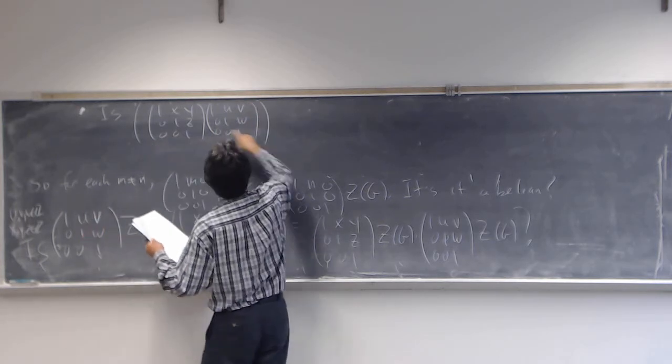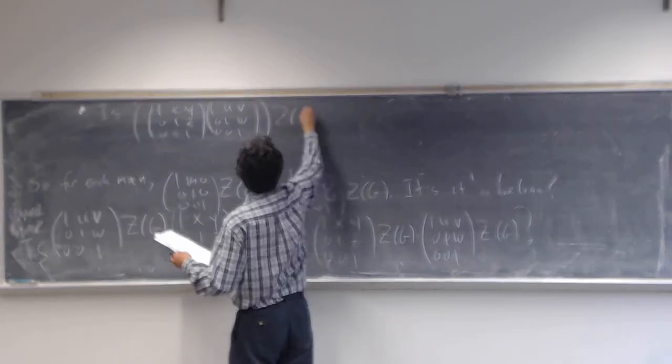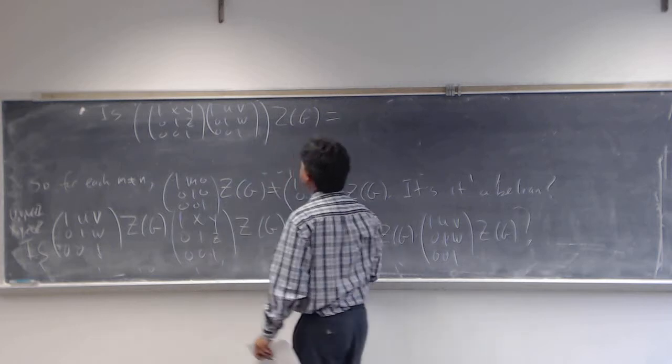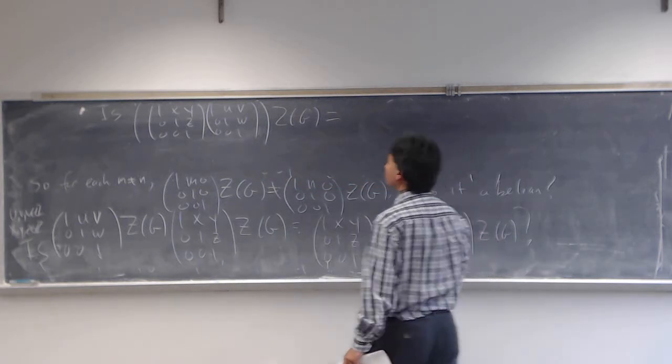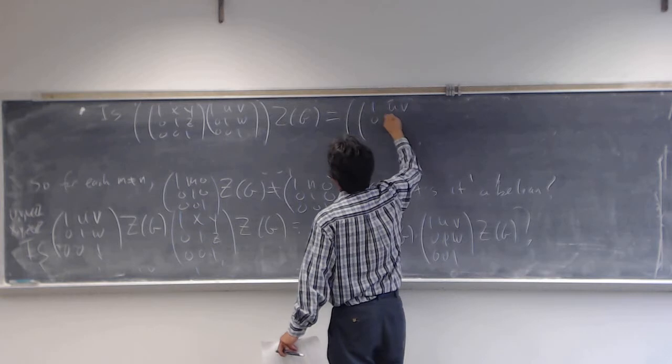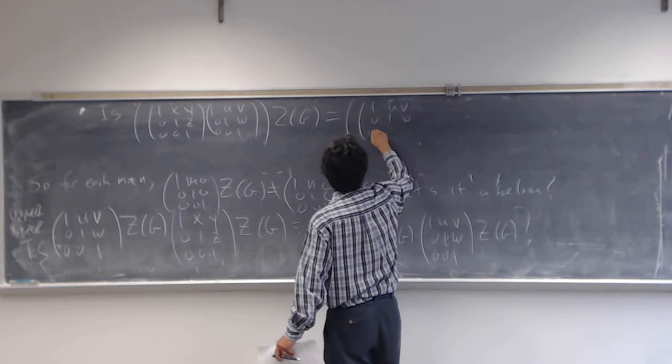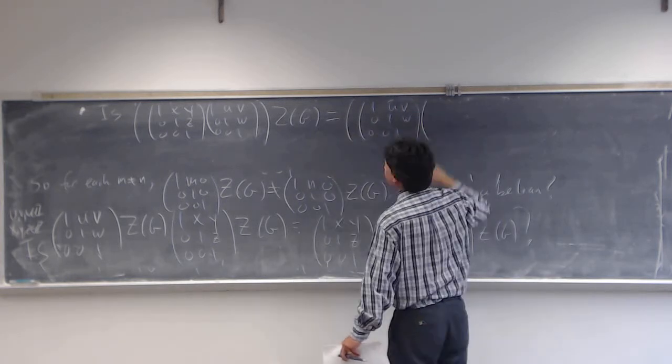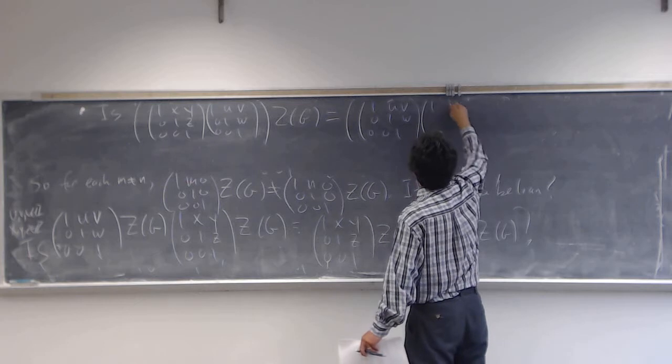So I look, is that coset equal to the coset I get by multiplying the two elements in the reverse order?